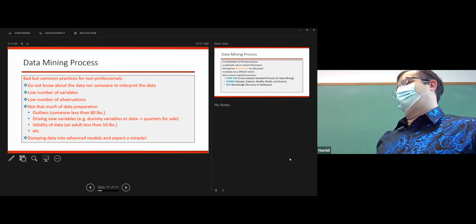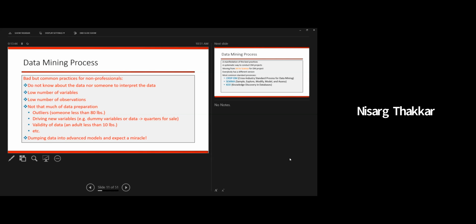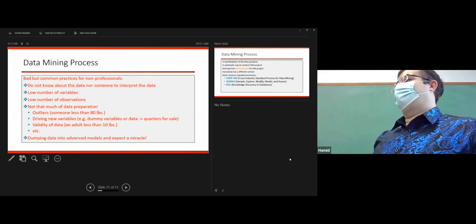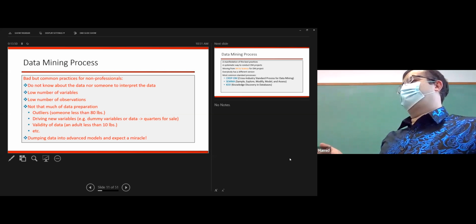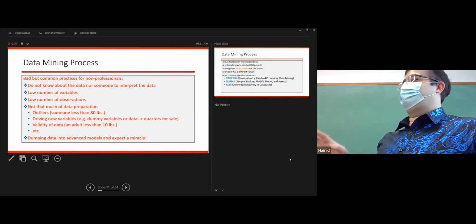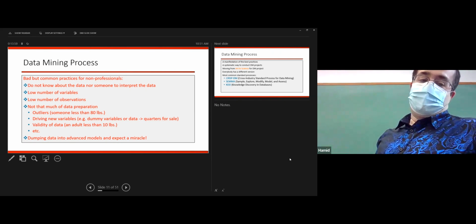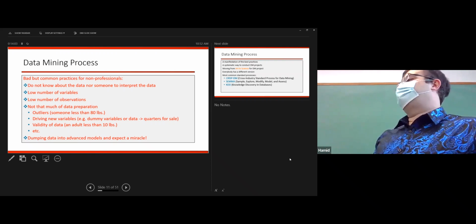Less than 10 pounds, it's not possible. Yeah, it could be a typo, because the data was entered manually, so maybe somebody just dropped a 5 or 0. But if, let's say, it were less than 80 pounds, maybe it could be an outlier.